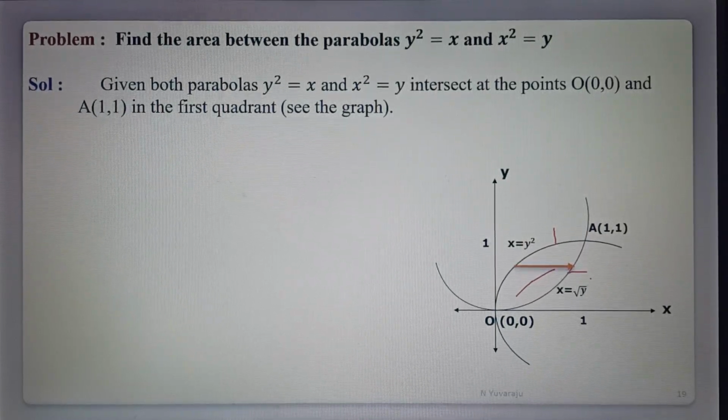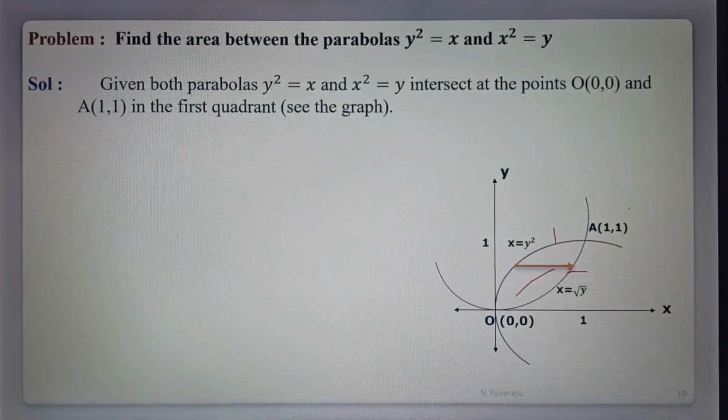Now in this region, choose a horizontal strip. The horizontal strip slides along the y axis, so the y limits are constants and the x limits are functions of y. This horizontal strip moves from 0, 0 to 1, 1, so y limits are 0 to 1.